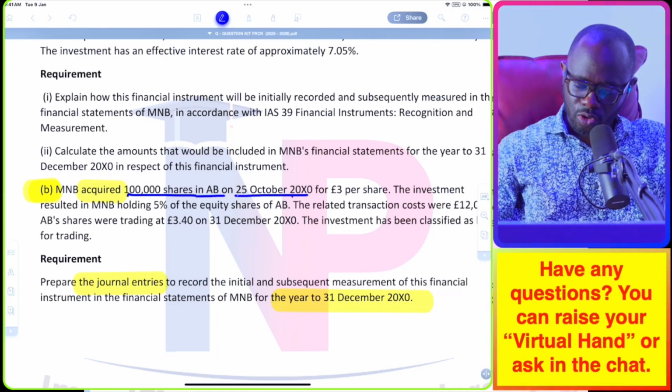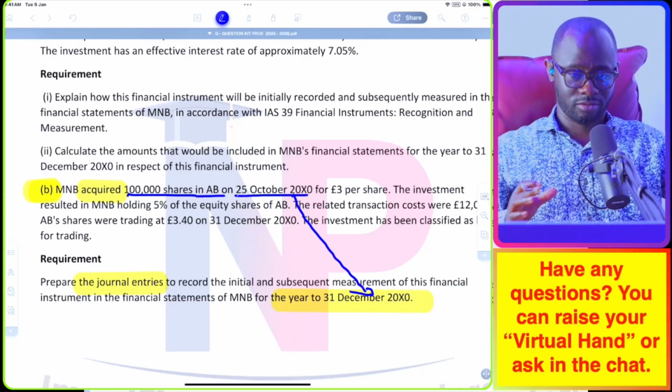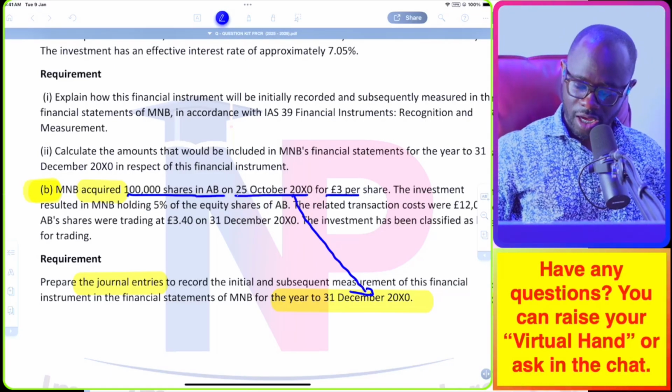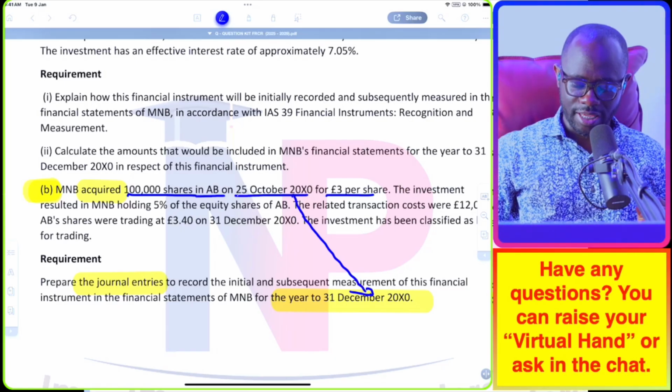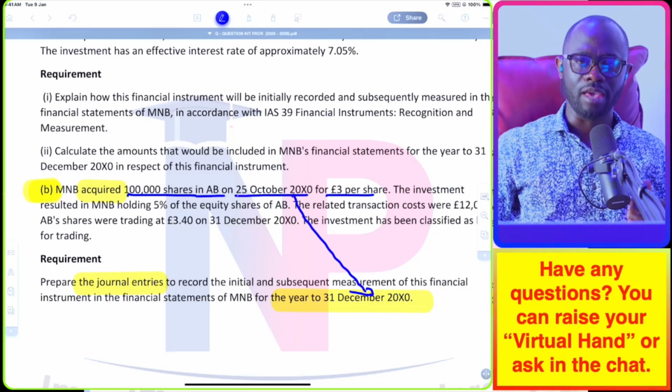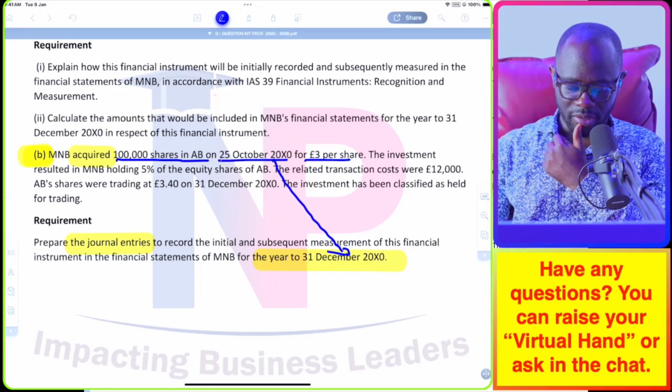Hold up. Our year end is 31st December X0. It is $3 per share. The investment resulted in MNB holding 5% of equity shares of AB. The related transaction costs were 12 million.